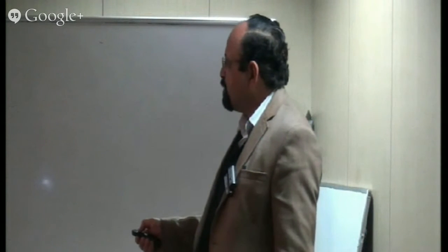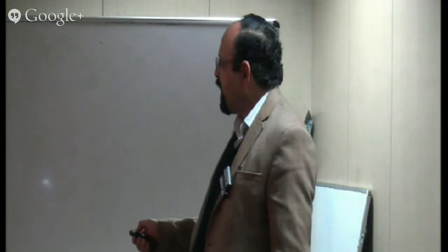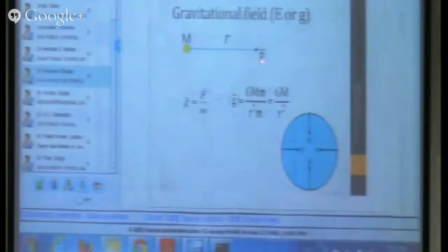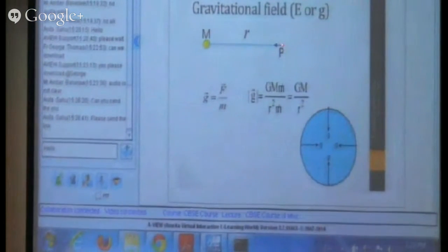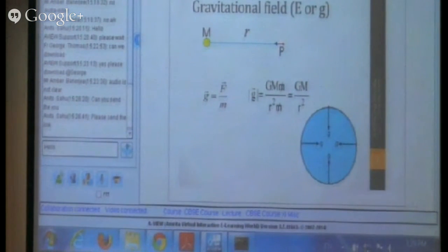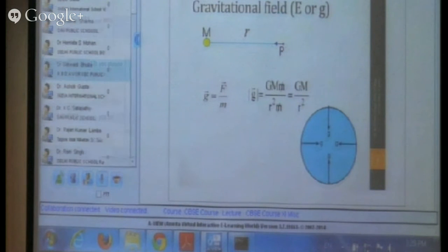I have a body, say of mass m, and there is a point P. I can put a body of mass small m, or I can put a body of mass other than small m, maybe m dash. Obviously, the force is going to be different because force depends on the masses.